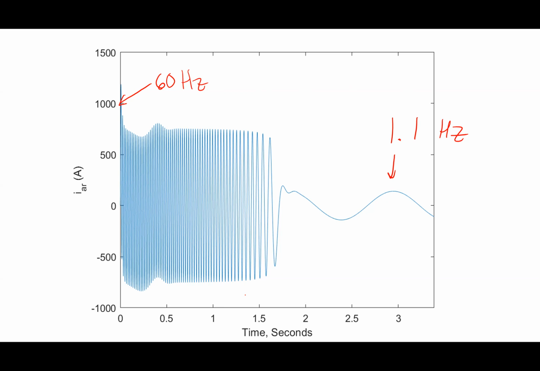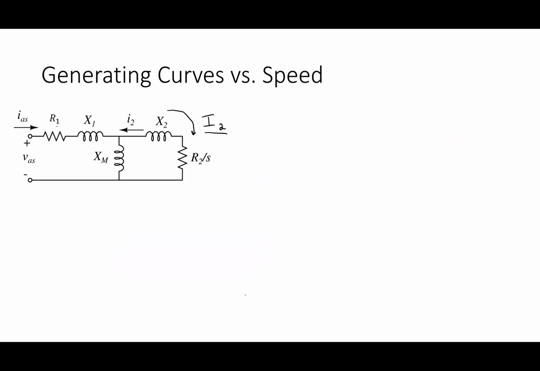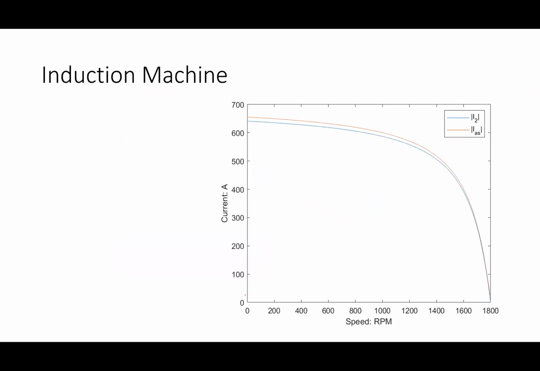All right, now, one of the things that I ask you about in problem 3 is to generate some curves versus speed. So this is the same thing I was looking at just there on that last introductory slide. Basically, what I'm looking at is, for a particular circuit, in this case the parameters that I just showed you, what does the current in the machine look like as a function of speed?